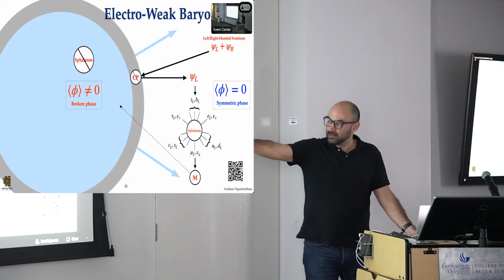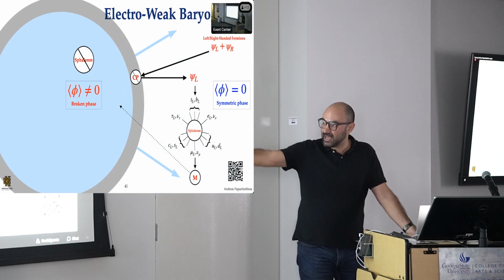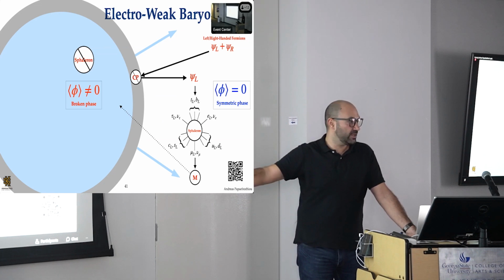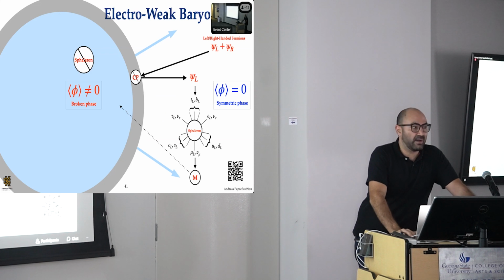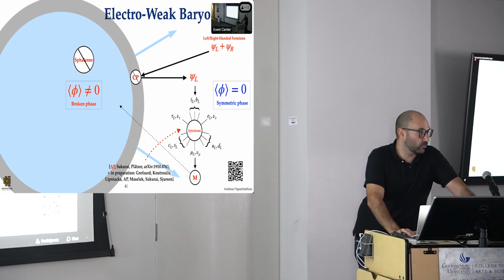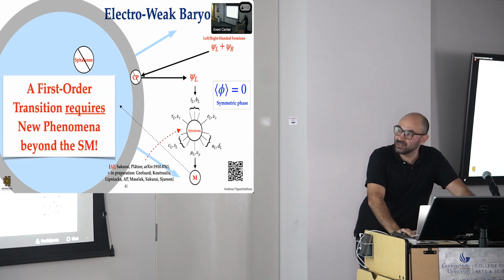So somehow the excess matter that was created in that chain is frozen in, and you have excess matter as compared to antimatter. This is something that we asked the question whether you can actually see these processes at colliders. And of course, it's an open question.